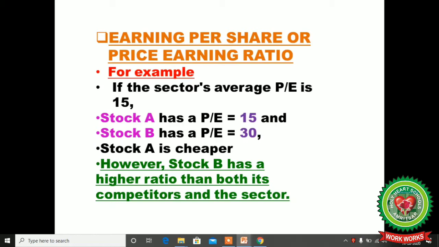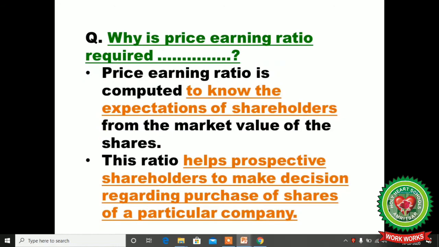So earning per share means when the shareholder wants to know about the market value of a share, then with the help of this ratio you find out the answer. Why is the price earning ratio required? The price earning ratio is computed to know the expectations of the shareholder from the market value of the shares.